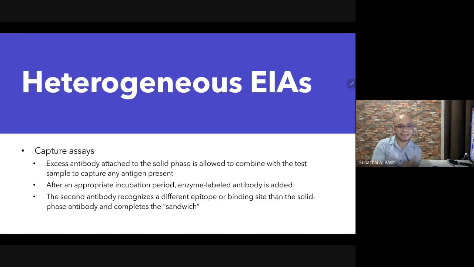Excess antibody attached to the solid phase is allowed to combine with the test sample to capture any antigen that is present. For example, this is the solid phase. A while ago, the antigen was on the solid phase, but now it is the antibody. The antibody is now on the solid phase, designed to capture antigen.